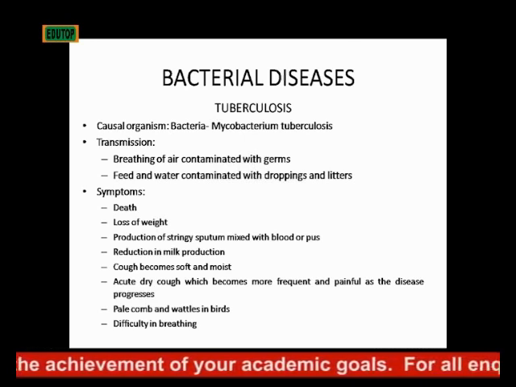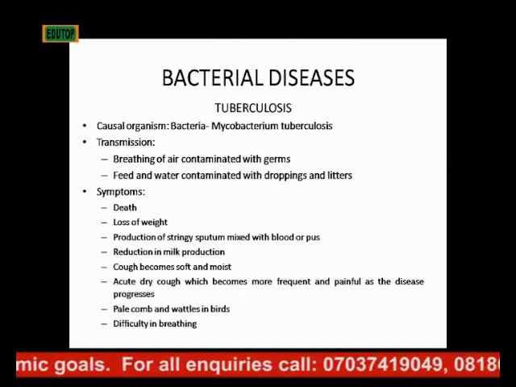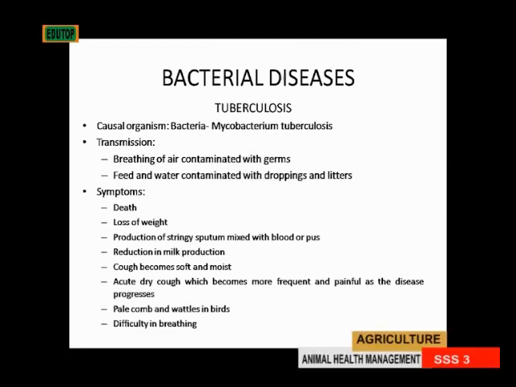Then the animal's milk production will be reduced. The rate at which it produces milk will be reduced. Then sometimes the cough of the animal becomes soft and moist. Then you have acute dry cough, which becomes more frequent and painful as the disease progresses.